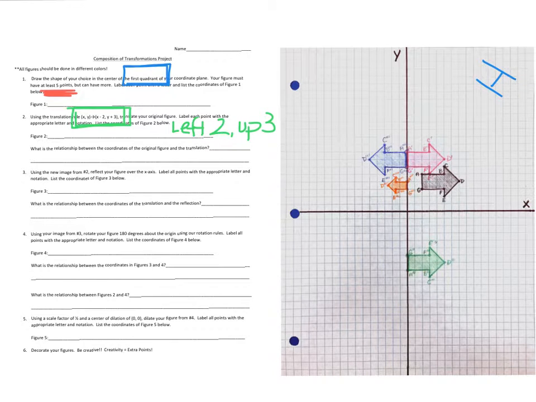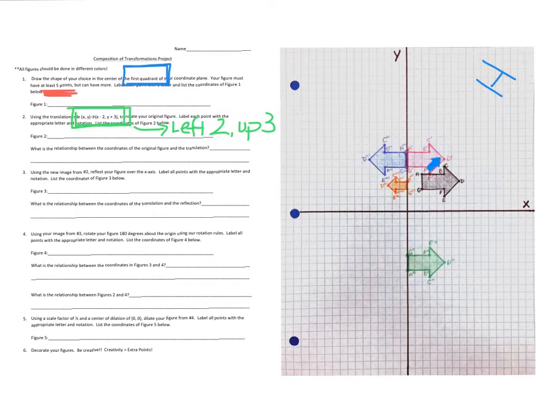So all I did was turn that rule into a set of directions here. And what you will notice with my figure, I went from the black one here to the pink one here. Every point went left 2 and up 3, left 2 and up 3, and so on, all the way around. So all I did was take every point and move it left 2 and up 3.